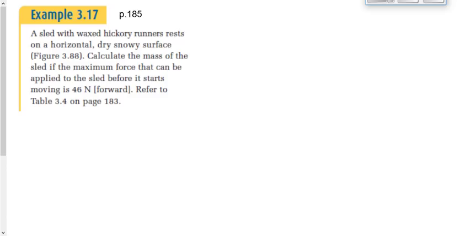They're saying it takes 46 to get it moving. In this question, they're saying the maximum force of static friction is 46 newtons. Or it could be like 45.999, whatever. It begins to move at 46. We'll say that's the maximum force of static friction.